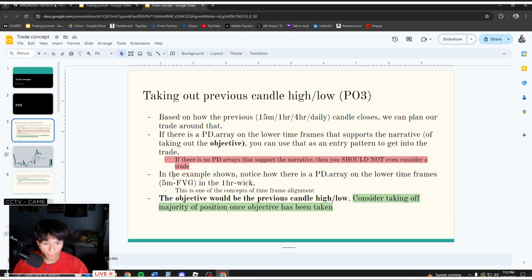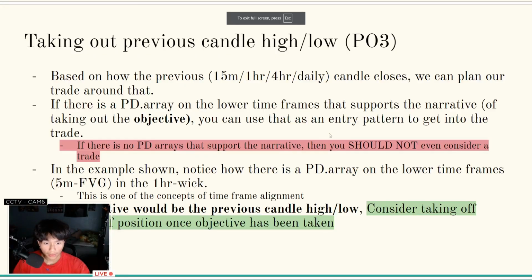Okay, so in the example shown below, this is another backtested example I'm going to show you guys on the next slide. Notice how there is a PD array on the lower time frames, a 5-minute fair value gap in the 1-hour wick. This is one of the concepts of time frame alignment.